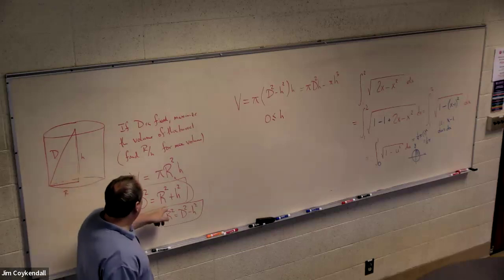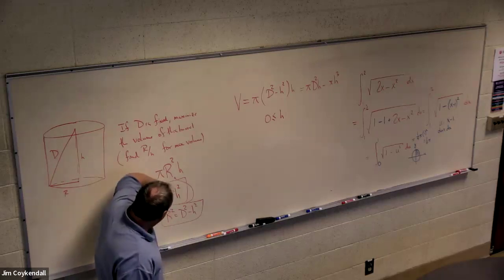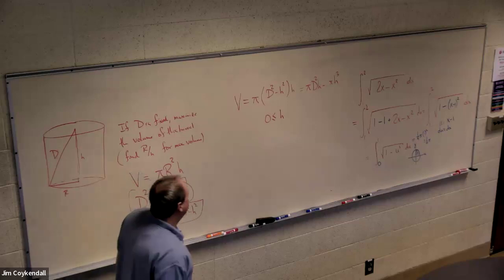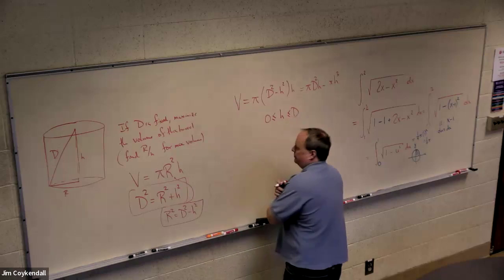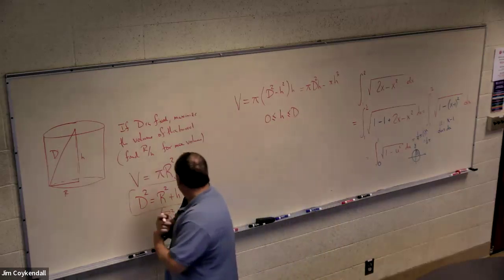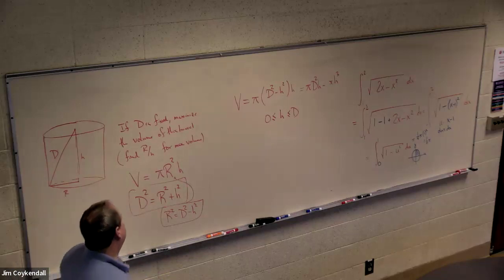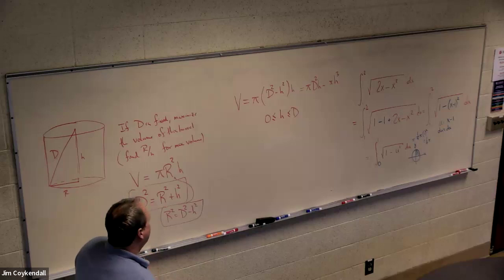And if you look at this equation here, as R gets smaller and smaller, then H squared and D squared should get closer and closer together. And again, if H is equal to D, then you should get no volume out of this. But you know, it's doable.